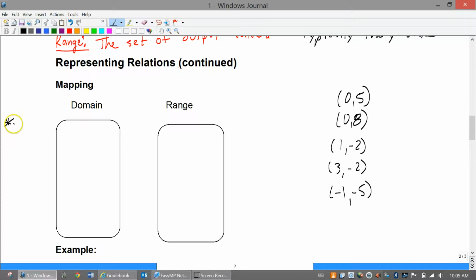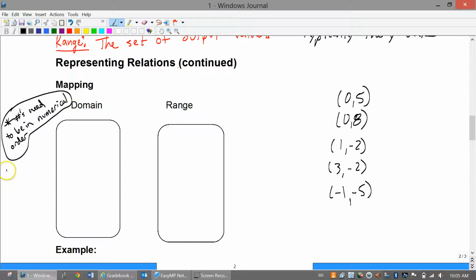The first thing is that the numbers need to be in numerical order. That's one of the pointers.